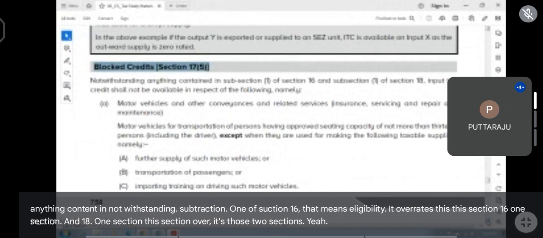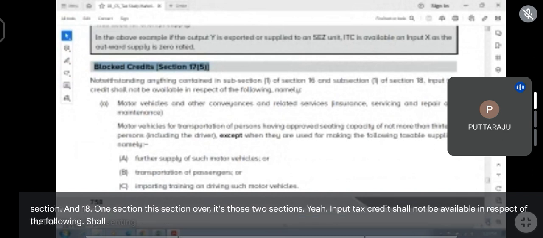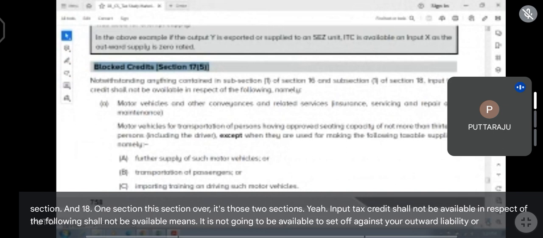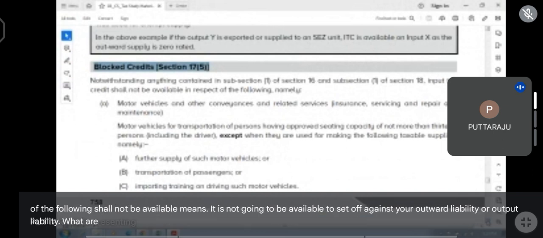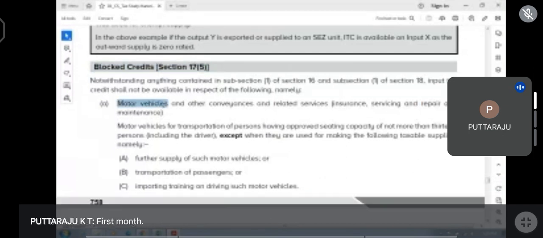Okay. Input tax credit shall not be available in respect of the following. Shall not be available means it is not going to be available to set off against your outward liability or output liability. What are those? First one, motor vehicles and other conveyances and related services.